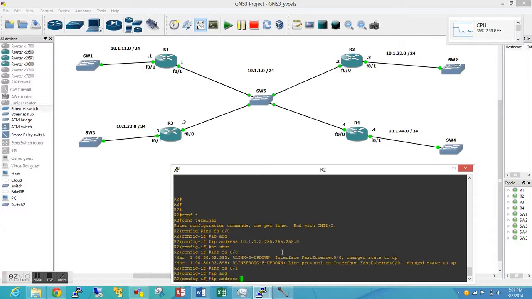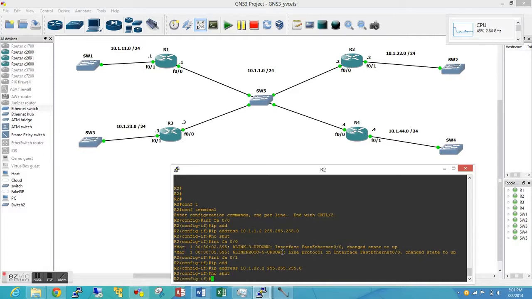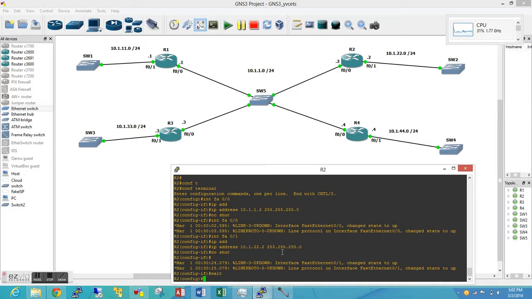And let's hop over to the LAN interface. That will be, what's the IP here? 10.1.22.2, and do a no shutdown.